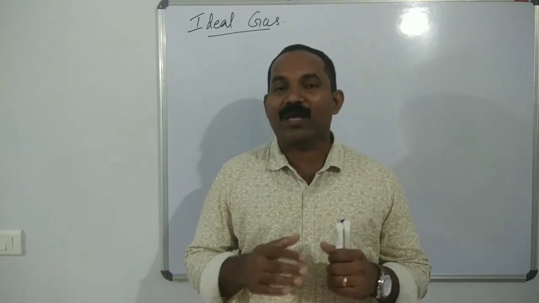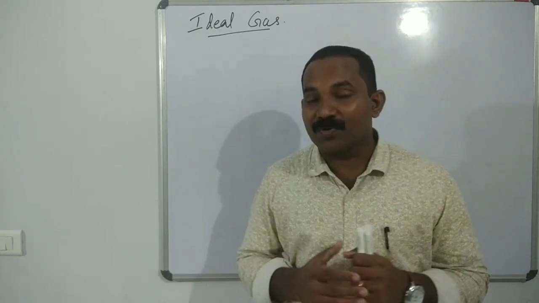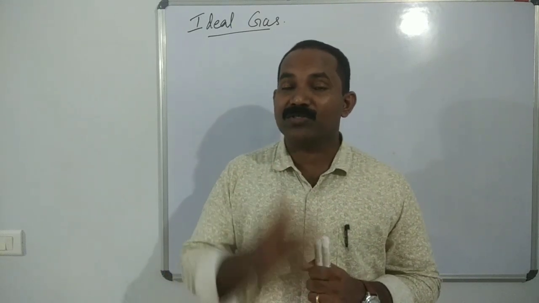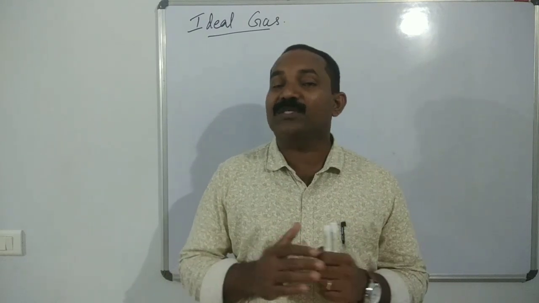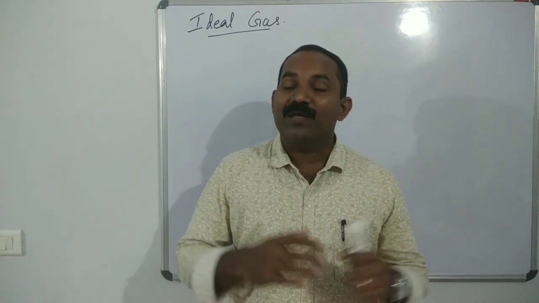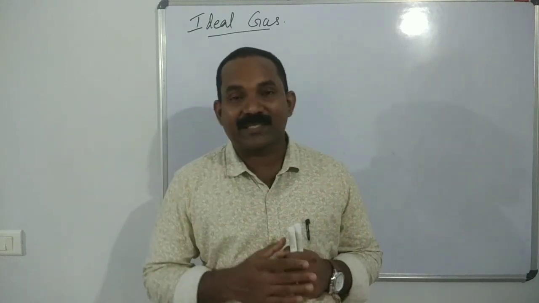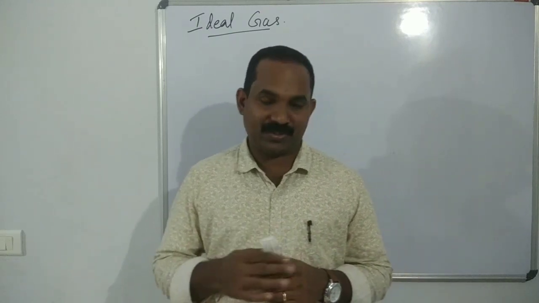Are you clear? So what is an ideal gas? An ideal gas strictly follows Boyle's law, Charles' law and Avogadro law. There is no such gas, it is a hypothetical concept. Real gases behave ideally under certain conditions.